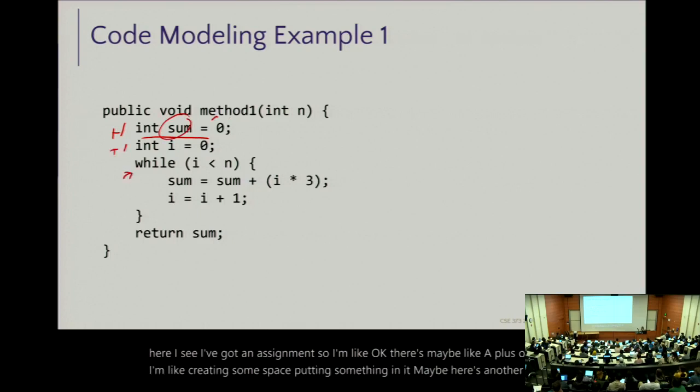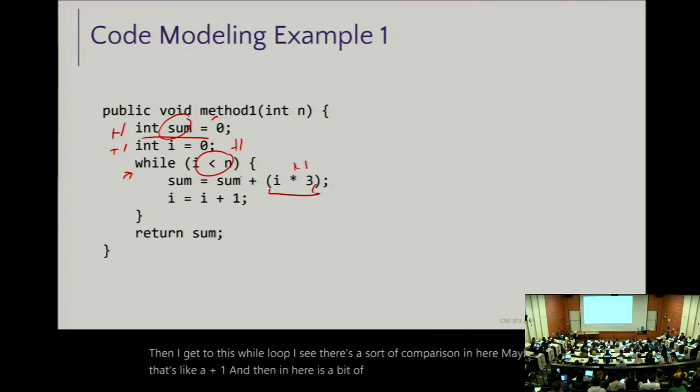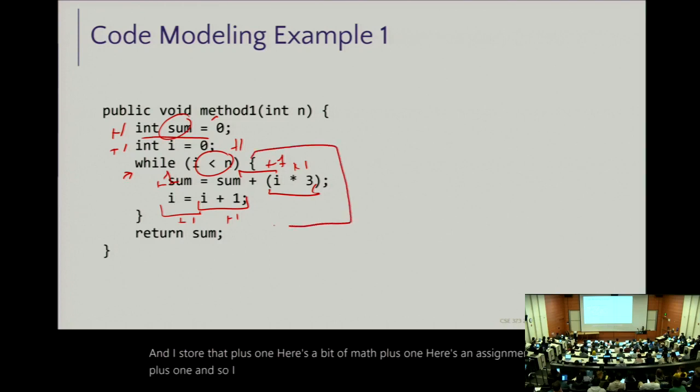Then I get to this while loop. I see there's a comparison in here. Maybe that's a +1. And then in here is a bit of math, +1. Here's another bit of math, +1. Then I store that, +1. Here's a bit of math, +1. Here's an assignment, +1. And so I get some amount of stuff that's happening within this loop.